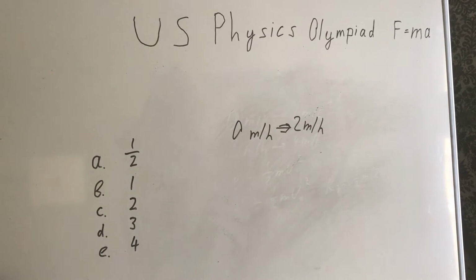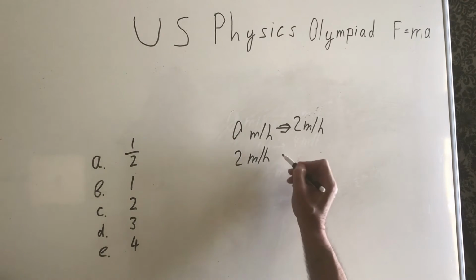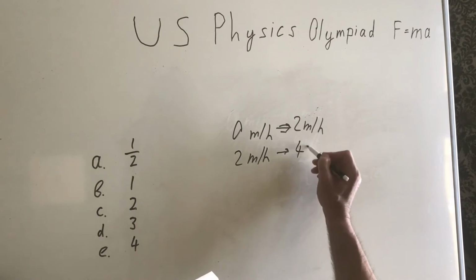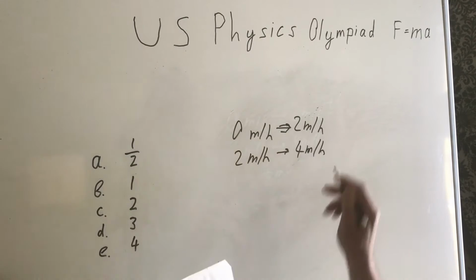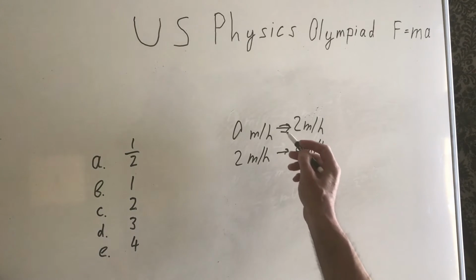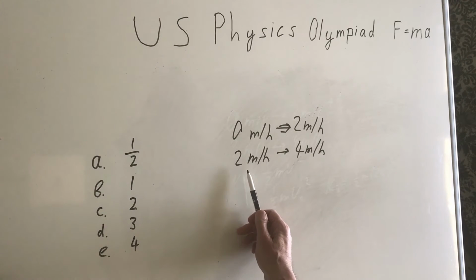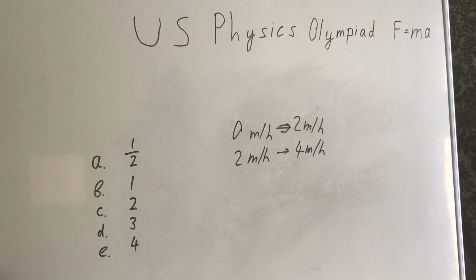And the next, from 2 miles per hour to 4 miles per hour. Ignore the energy transferred to thermal energy due to friction and resistance. Compare the energy required in the first case to the energy required to increase speed from 2 to 4 miles per hour.